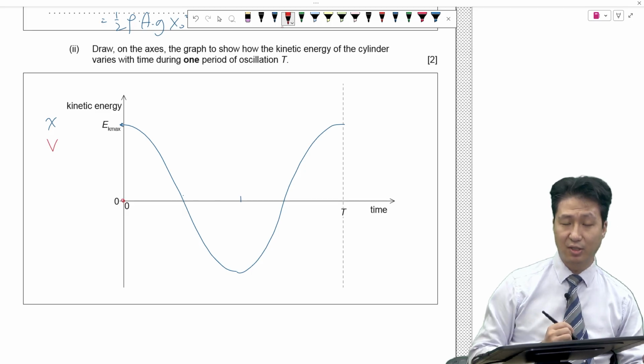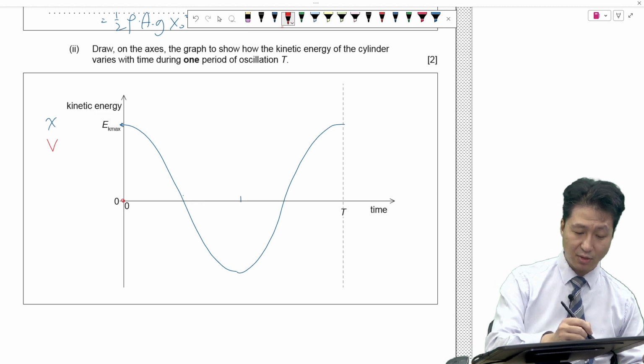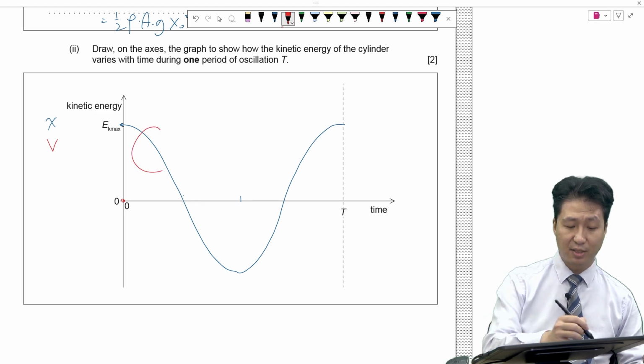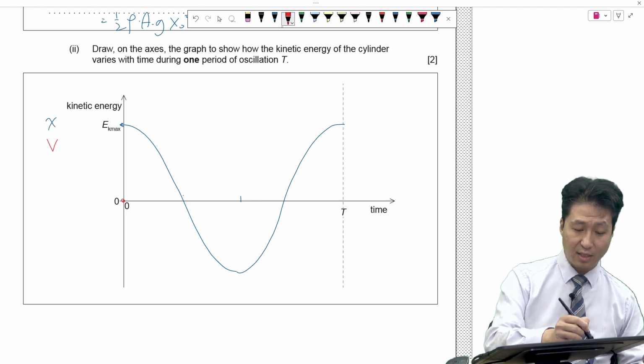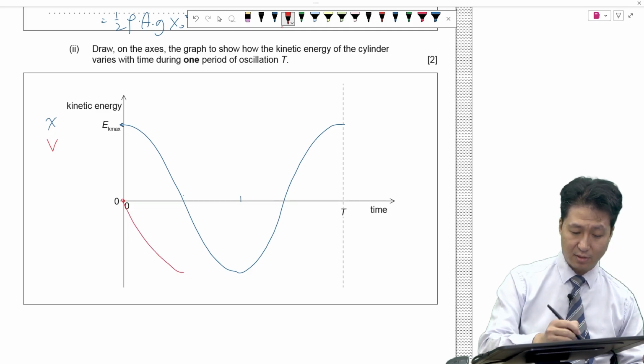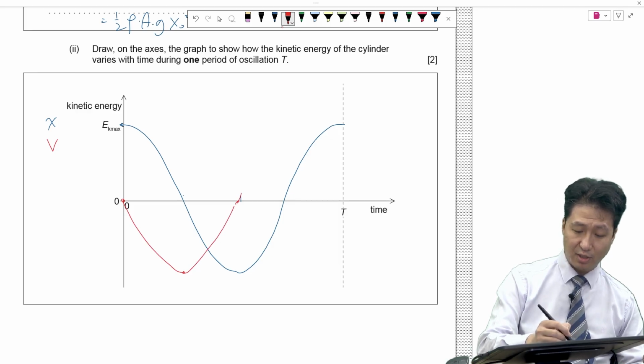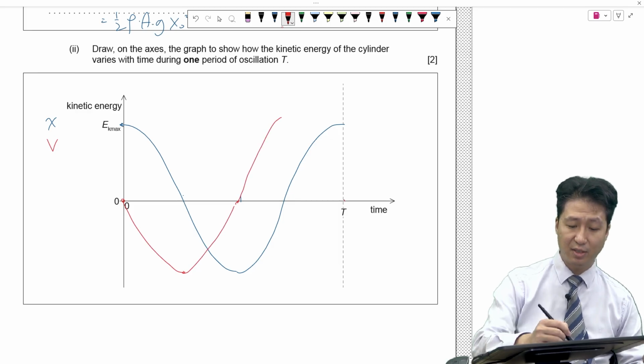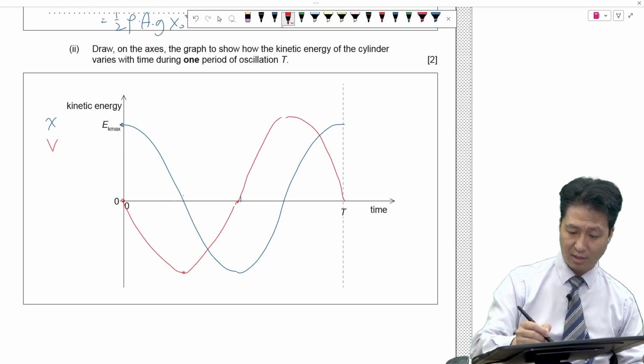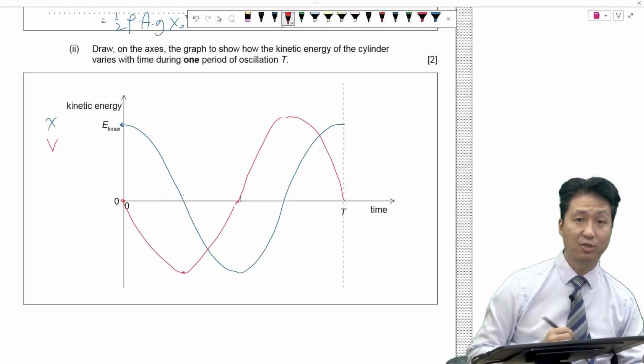If you draw the velocity in red, you start at 0 because the initial velocity is 0. The slope is negative, so you go to the maximum here. It goes back down to 0 here, at half the period, and goes back up. And yeah, this is the sinusoidal graph for the velocity.